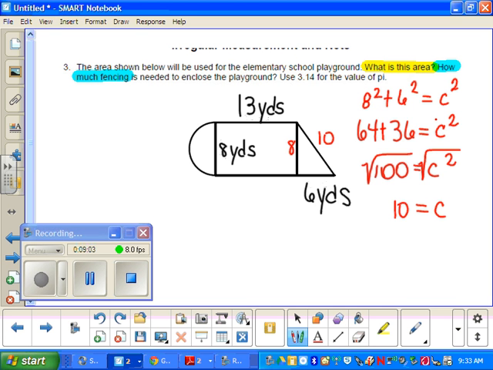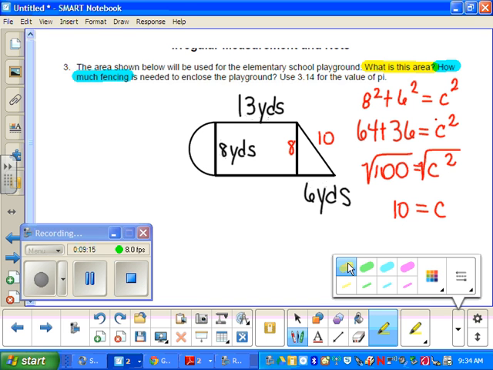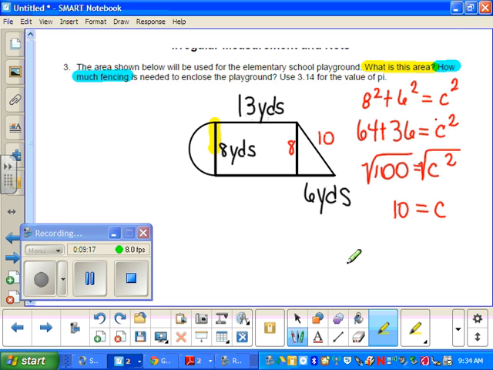Now, the tricky part is doing the semicircle. So we need to find this part of the circle. And if you think about that, that part of the circle is what we call circumference, because it's the outside edge.